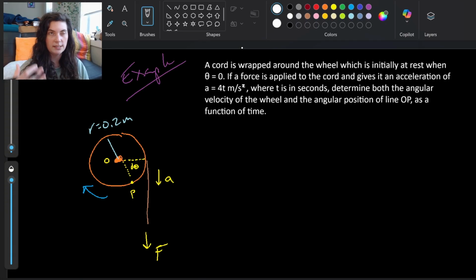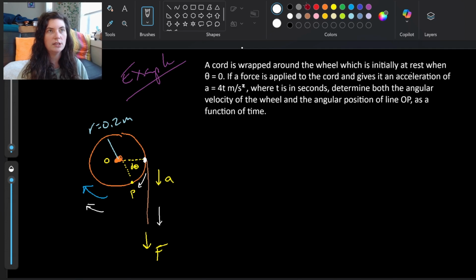Okay, so let's digest everything that they gave us there. We have this cord that's attached to the wheel, which is causing the wheel to spin. So we can see this little indication that this is going to be spinning. P was probably initially here and then is moving through this rotation as F pulls this cord down.